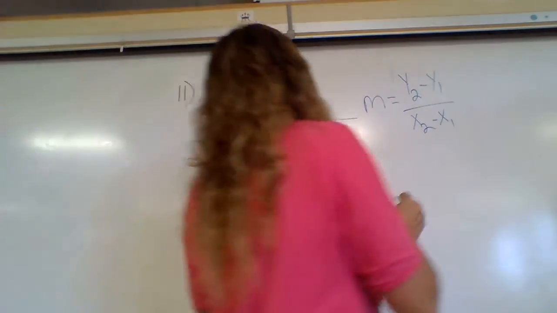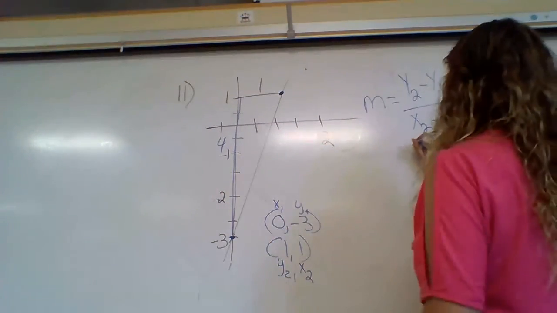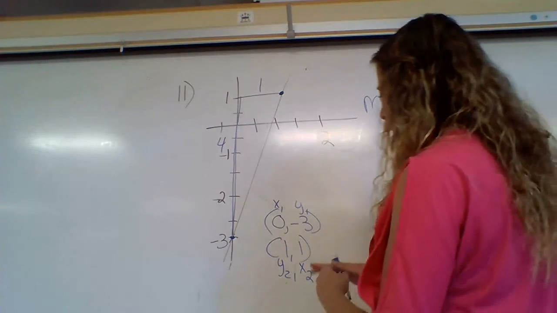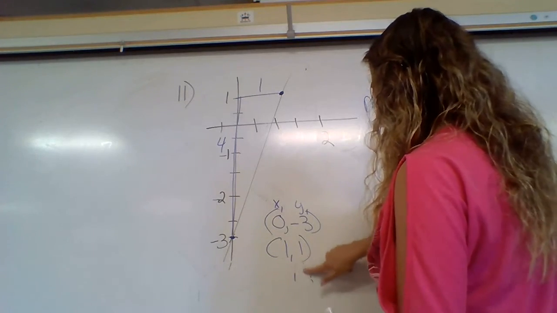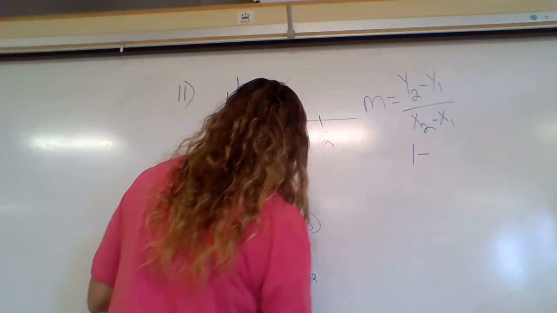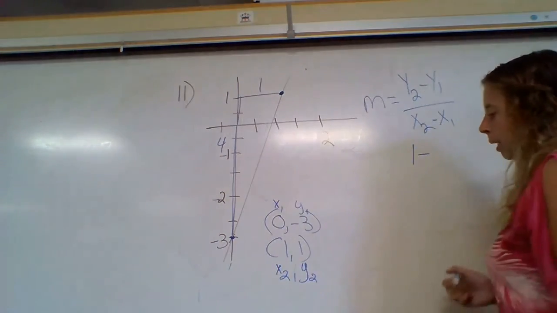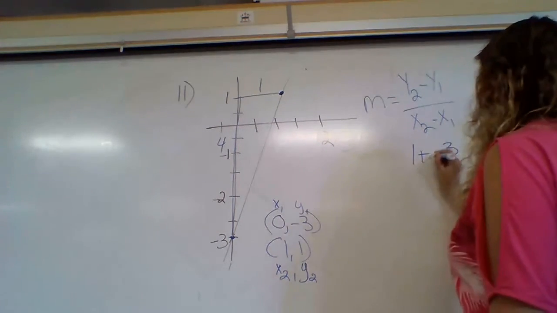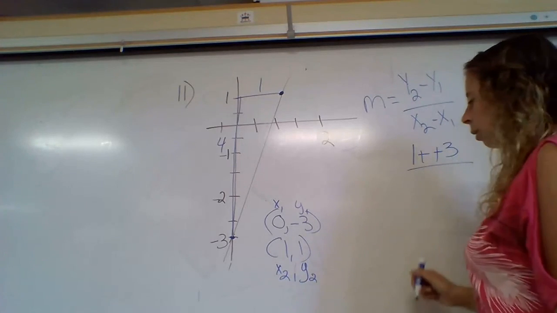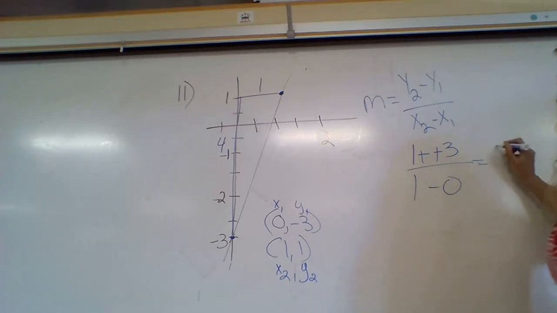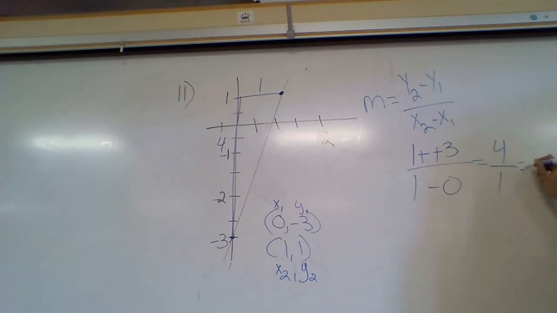So substitute them in. y2 is 1 minus y1, which is negative 3, which just changes to plus, over x2, which is 1, minus 0. So you get 1 plus 3 is 4, over 1, which is 4. So you can also do it that way.